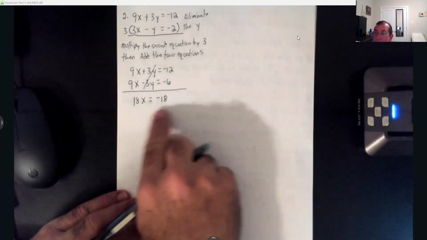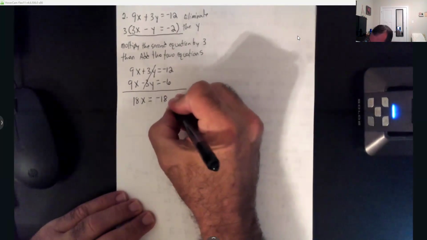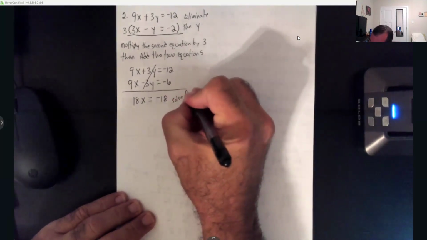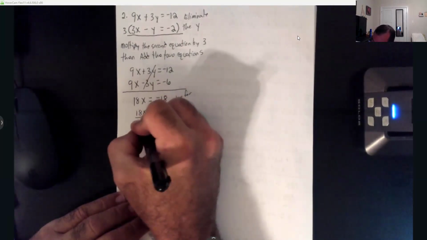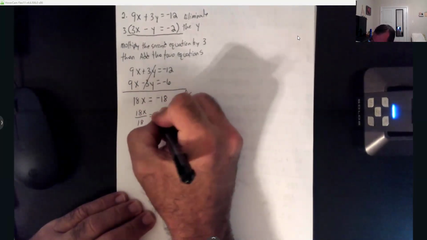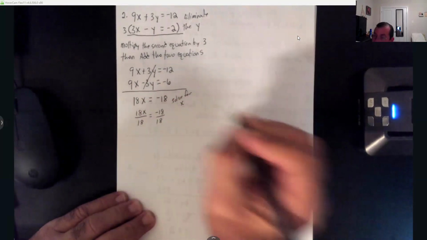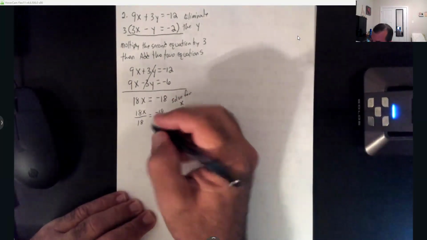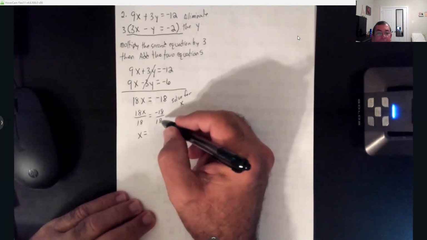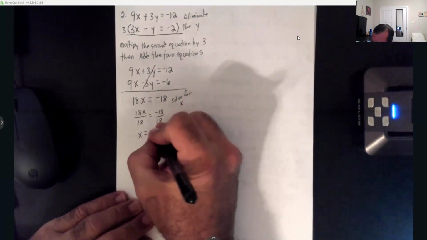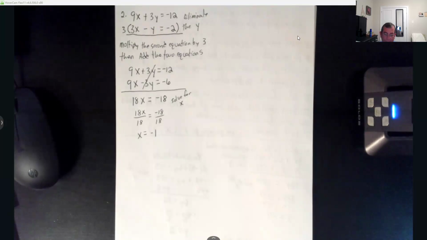But y'all notice, I've got one variable, so let's solve for x. So that's just going to be 18x divided by 18 equals negative 18 divided by 18. Well, y'all, that's just going to give me a 1x on the left side. And then negative 18 divided by 18 gives us a -1.